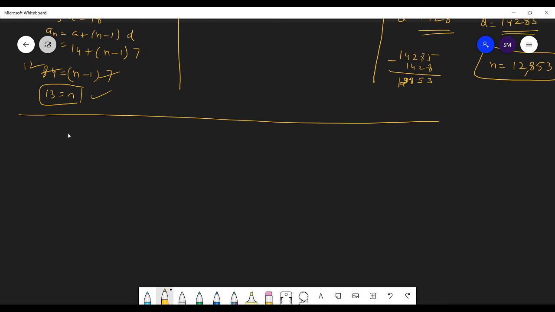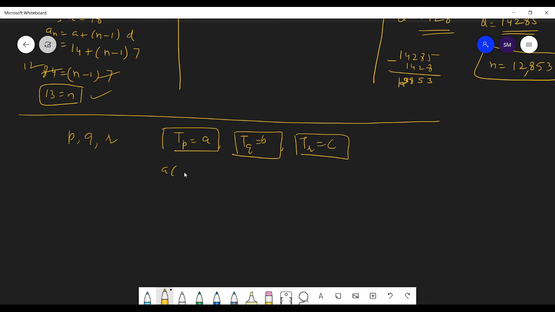You need to remember them: if P, Q, R are the terms of an AP, meaning the Pth term is A, the Qth term is B, and the Rth term is C. Then A into (Q minus R) plus B into... see students, for this you can form a cycle like the sequence P, then Q, and then R. So A is with P, B is with Q, and C is with R. So you are starting with A, so Q minus R, now B, R minus P. So try to understand, this is how you need to do it.